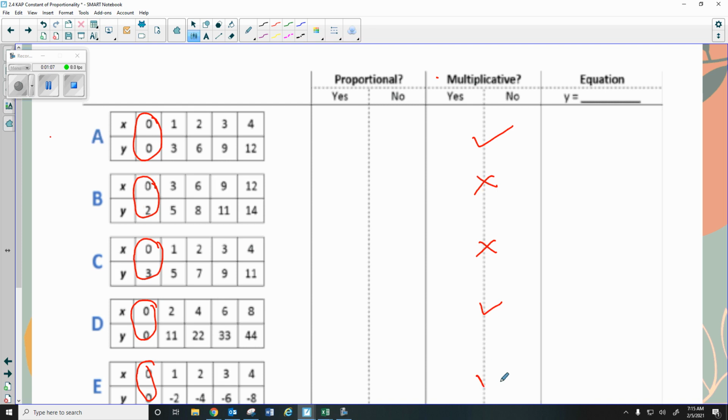So if it's multiplicative, that means it's just a quick one-step equation to get from x to y. It's just multiplying. So those equations for the multiplicative ones should come pretty quick since we've been practicing that. To go from 1 to 3, 2 to 6, 3 to 9, I hopefully see that's y equals 3x, just times 3.